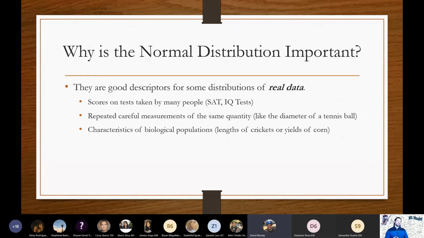We have characteristics of biological populations, like the lengths of crickets or yields of corn. Again, things that have a standard range of smallest and largest value fall into these normal distributions. A majority of the data is going to be in the middle, and it tapers down on both sides as a bell curve.